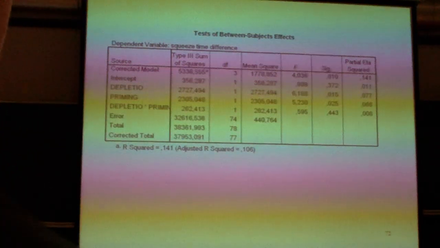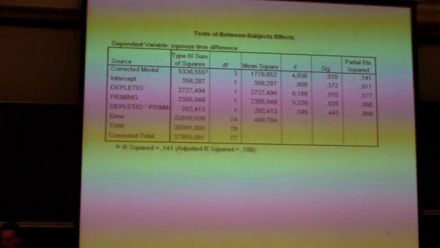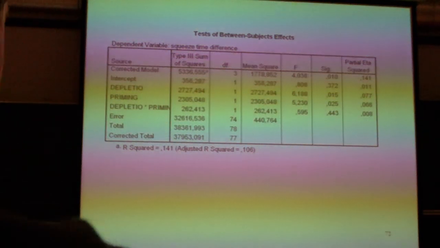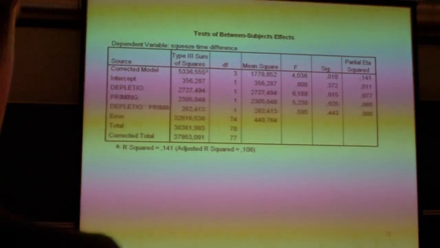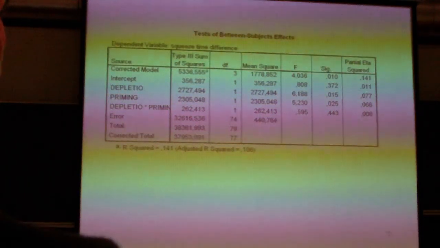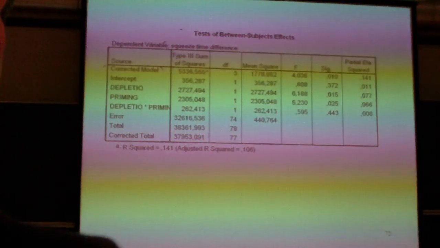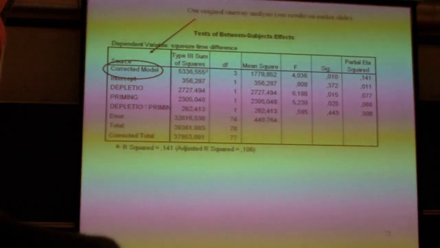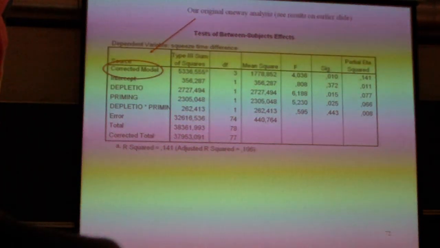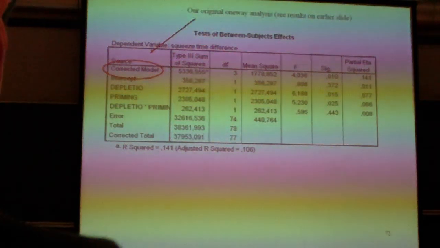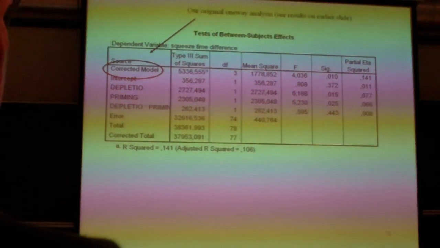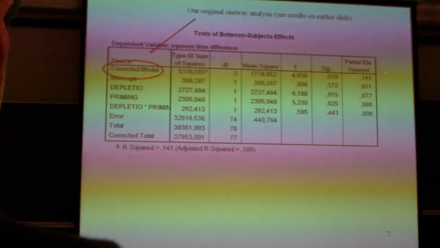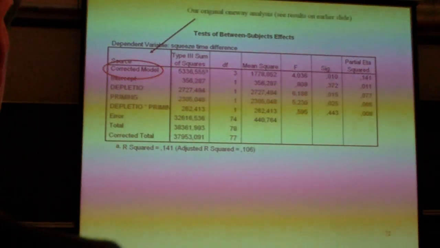Okay, so we have two statistically independent experimental factors or independent variables, and we can do a two-way analysis of variance, the output of which is shown over here. If we look at the upper row of this table, it says corrected model. That gives us the information of all effects taken together. And what you find over there in the first row is exactly the same as what we found when we did the one-way analysis of variance.